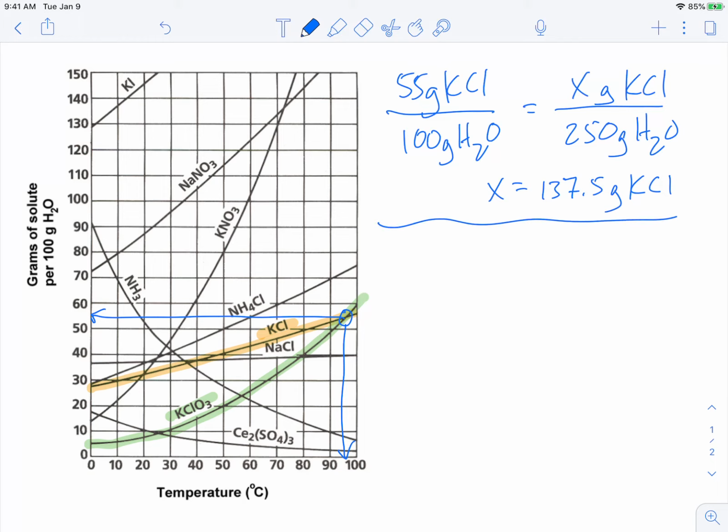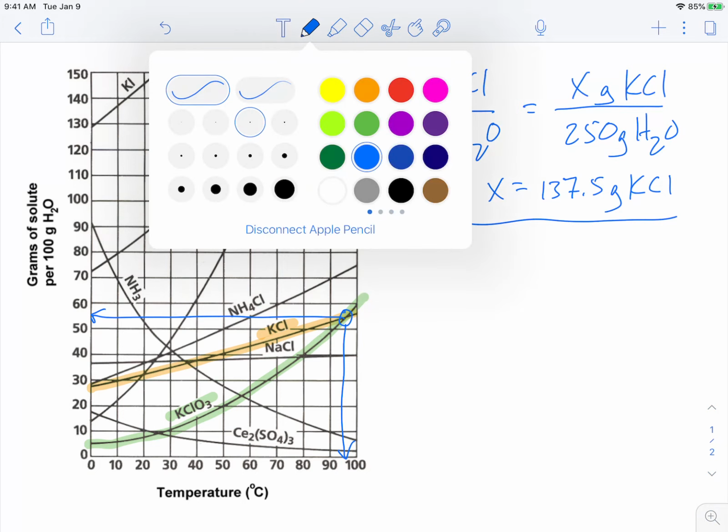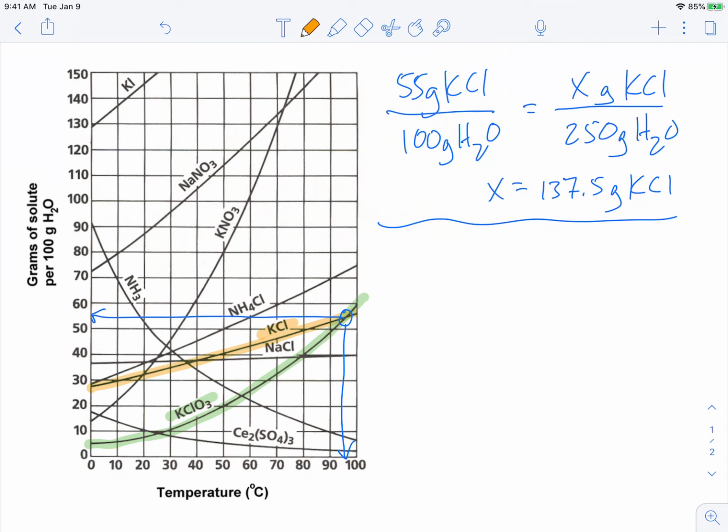Slightly different application that you could do. Let's say I had 30 grams of KCl, and I wanted to know how much water I would need to make a saturated solution. I could solve for it that way. The left-hand side of my proportion is going to be the same, my reference point.